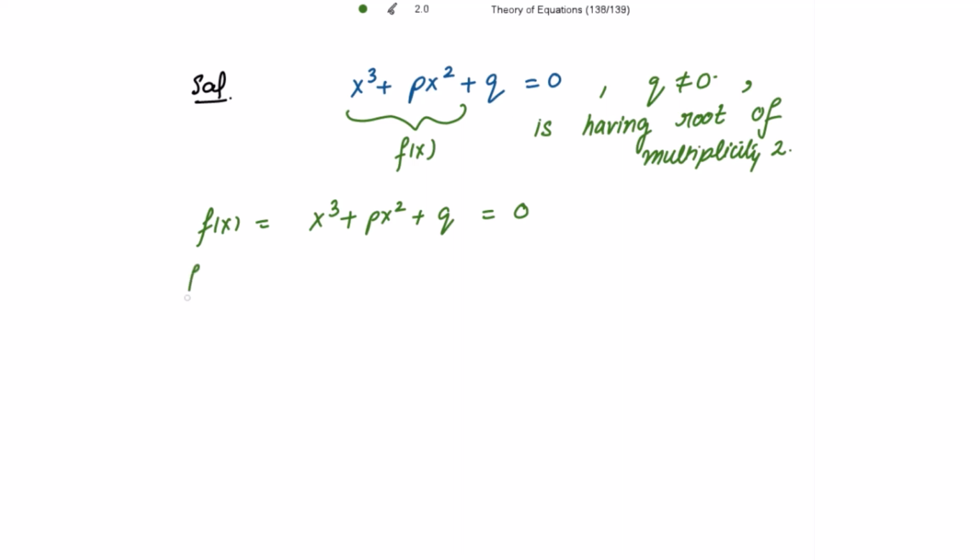So let's get what is f'(x). It is 3x² plus 2px equal to 0. Right? So we are getting these two equations. So from the remark we know that if the cubic equation is having root of multiplicity 2, then both these equations will have a common root.